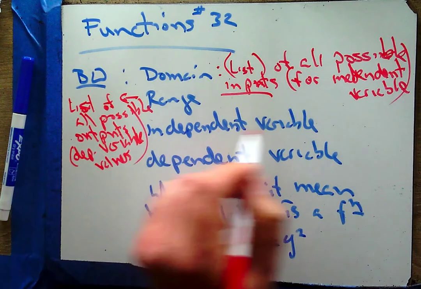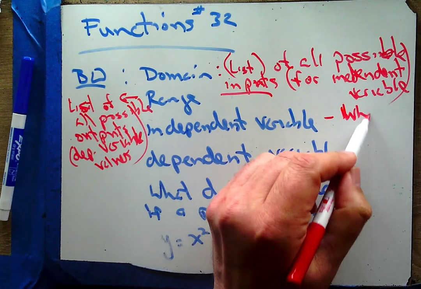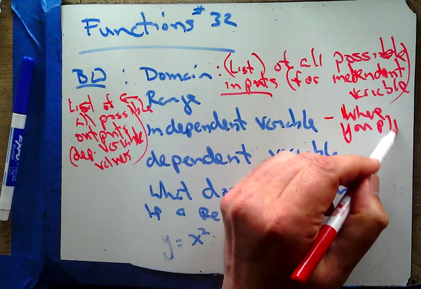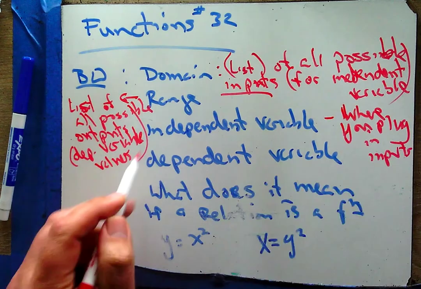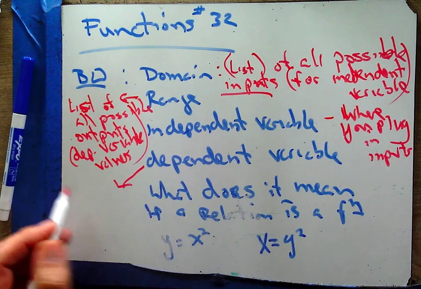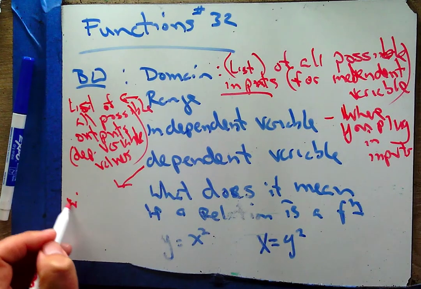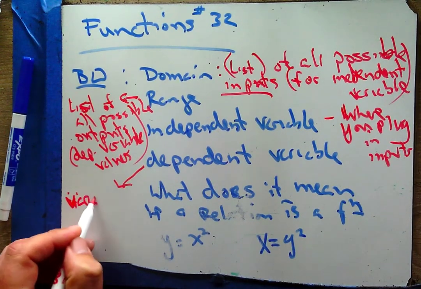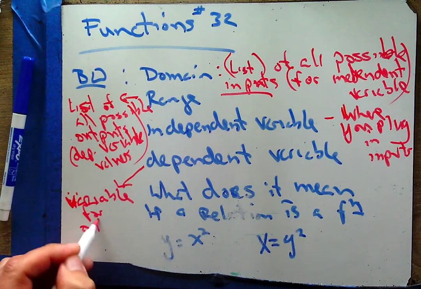Okay, independent variables, that's where you plug in inputs. And dependent variable is the variable for outputs.